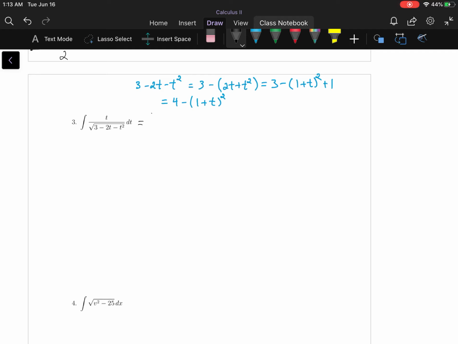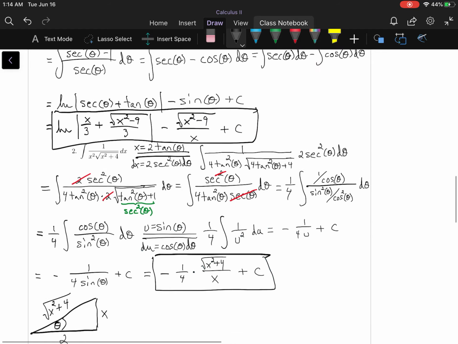I'm going to rewrite this integral as t over the square root of 4 minus 1 plus t squared dt. So it has a square root of a squared minus x squared type form.